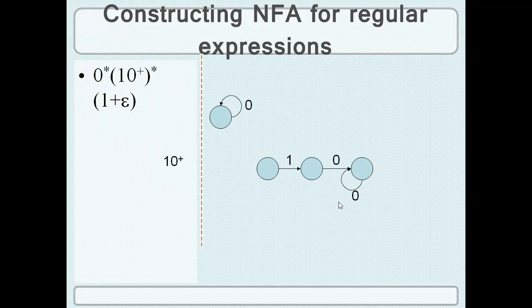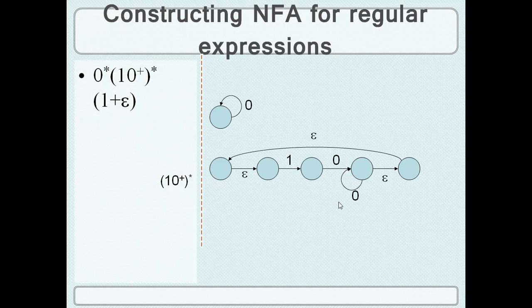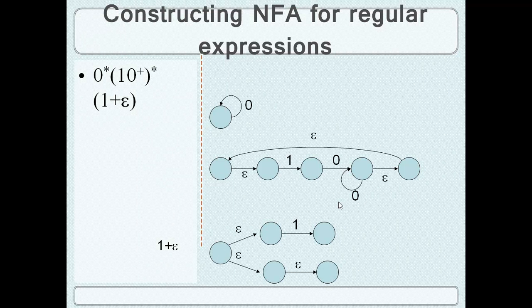Now we have some examples. So 0 star is given like this, 1 0 plus is given by this figure, 1 0 plus star is given by this, 1 is given by this, epsilon is given by this, and 1 plus epsilon is given by this figure.